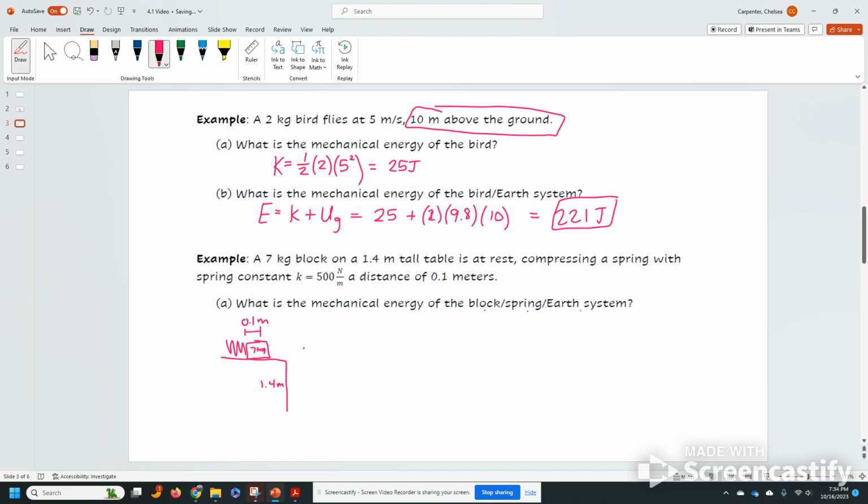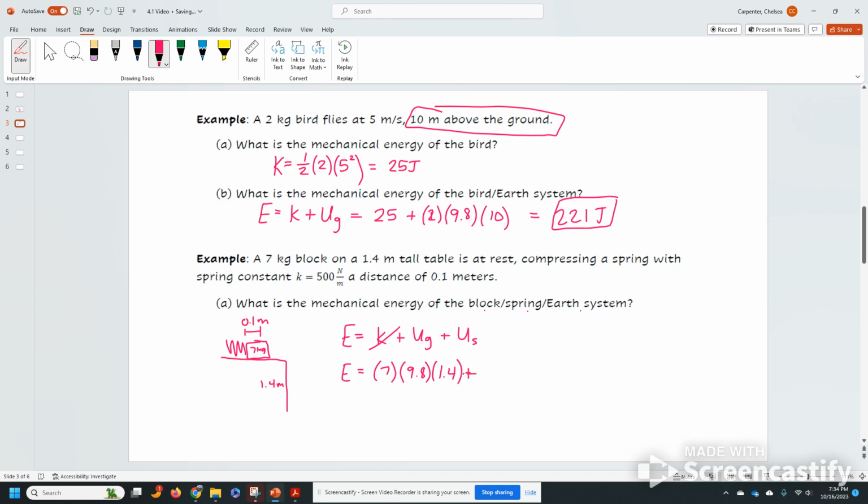So we've got the block here. It is at rest. Okay. So if I think about all my types of energies, I've got kinetic energy, I've got potential energy from the Earth and the spring. We're at rest, so there's no kinetic energy. But I do have some potential energy because we are above the ground. So the mass of the block is 7 kilograms times 9.8 times 1.4 meters.